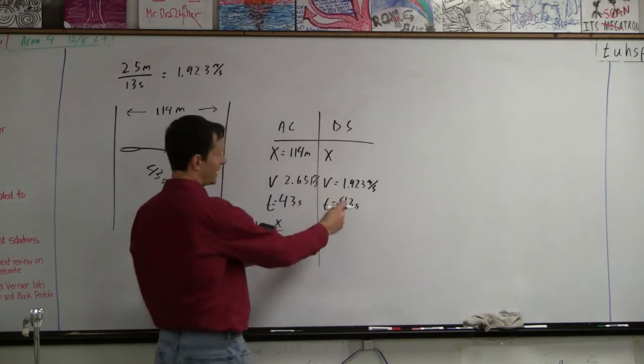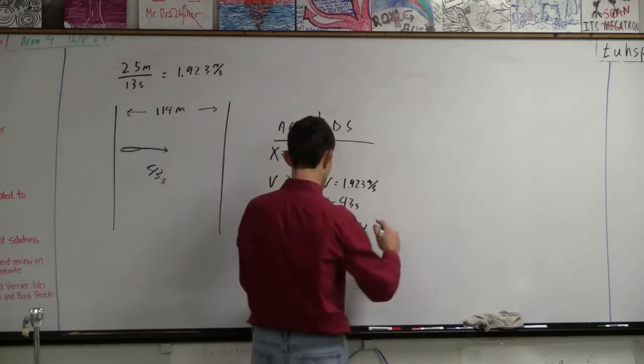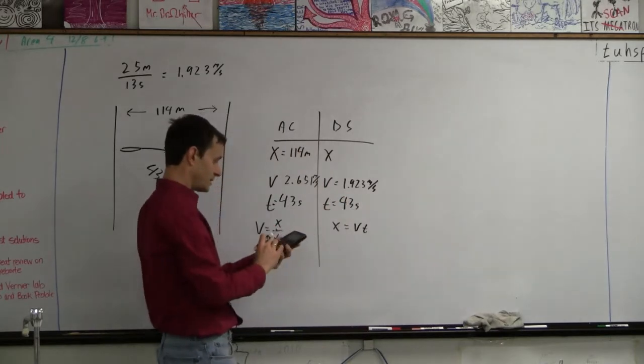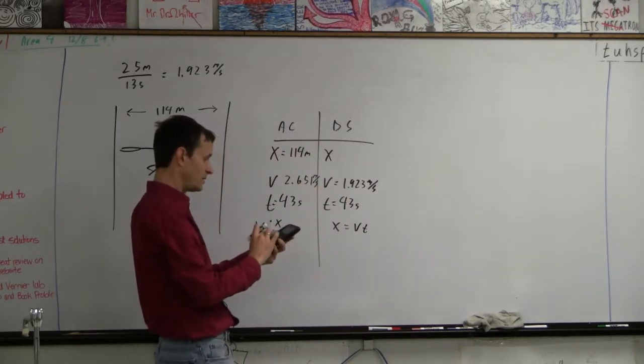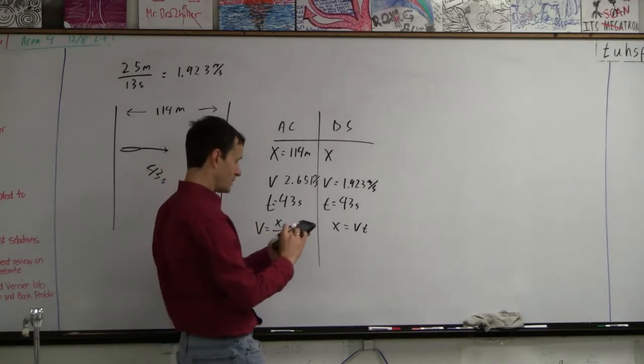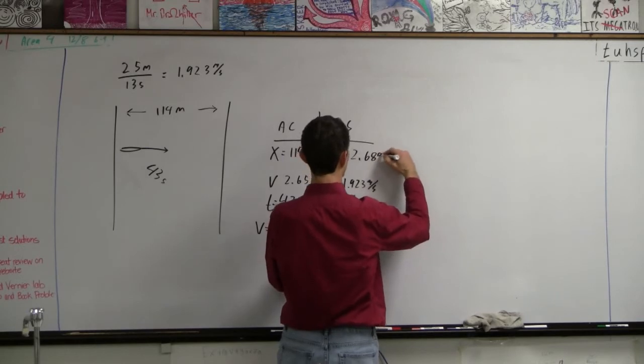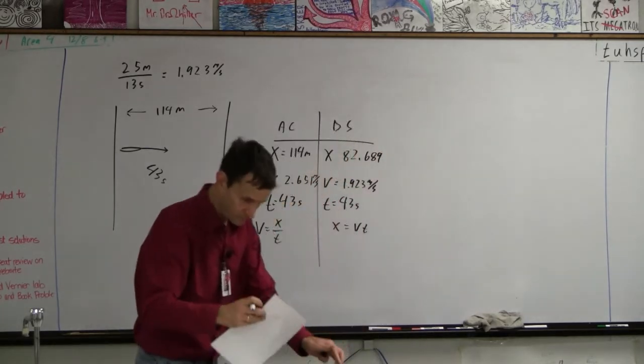And then I can find this x. x is vt, so this times this, 1.923 times 43. I get 82.689.